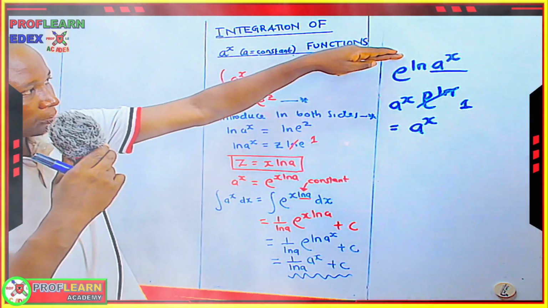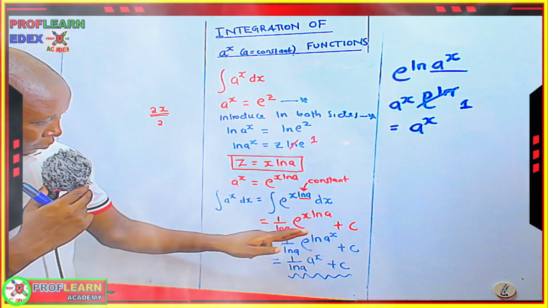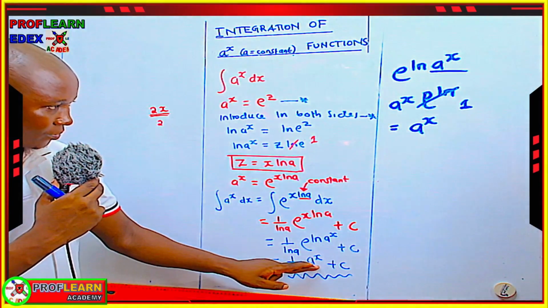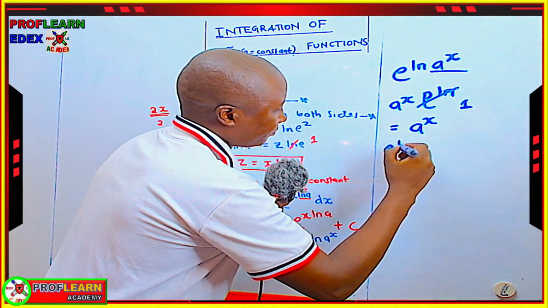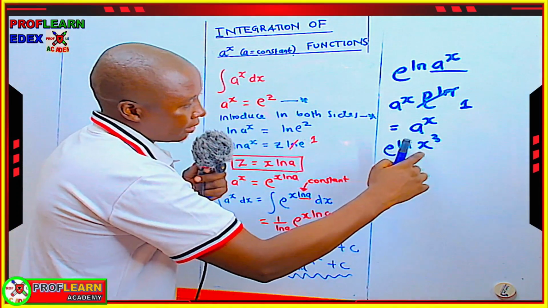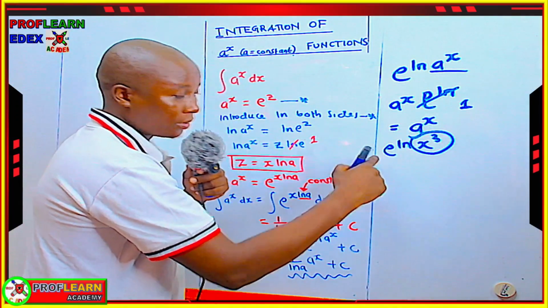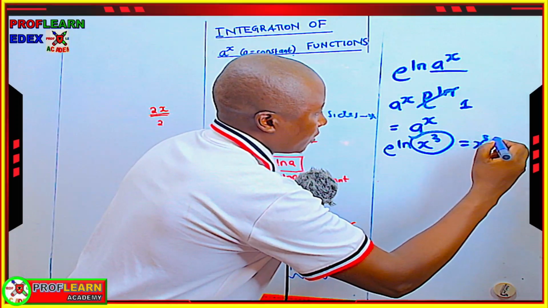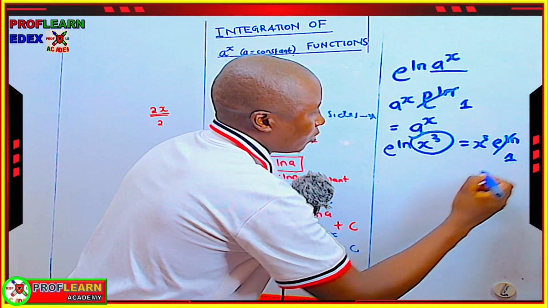Whenever you have an expression like this, it will end up here, and that's why the expression we were having at this point will be converted to a^x. Similarly, if you were having e^(ln x³), then this part can be taken behind the exponent, and that could be x³ ln e, and ln e equals 1.